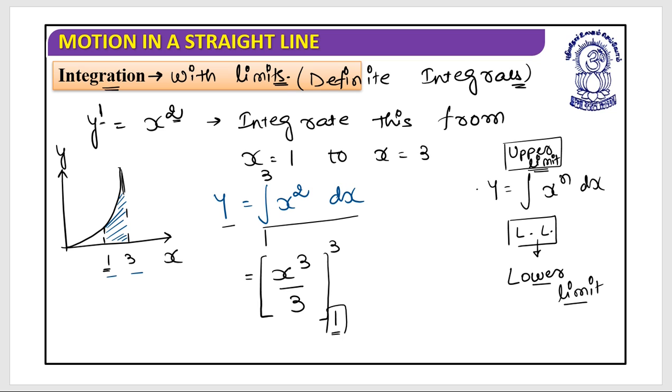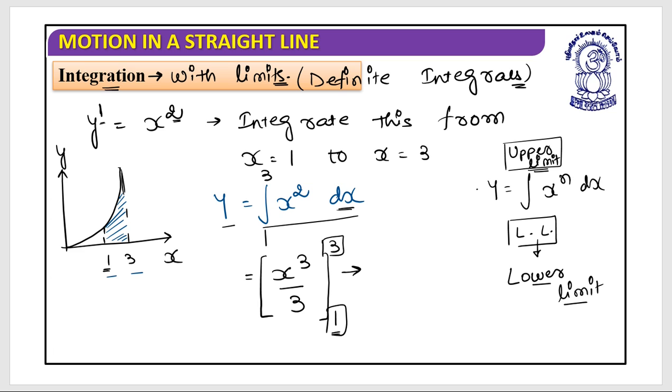Always on the bottom side it is the lower limit, and on the top right corner it is the upper limit. Now you need to apply the limits at all places where x is visible, since you have integrated with respect to dx.